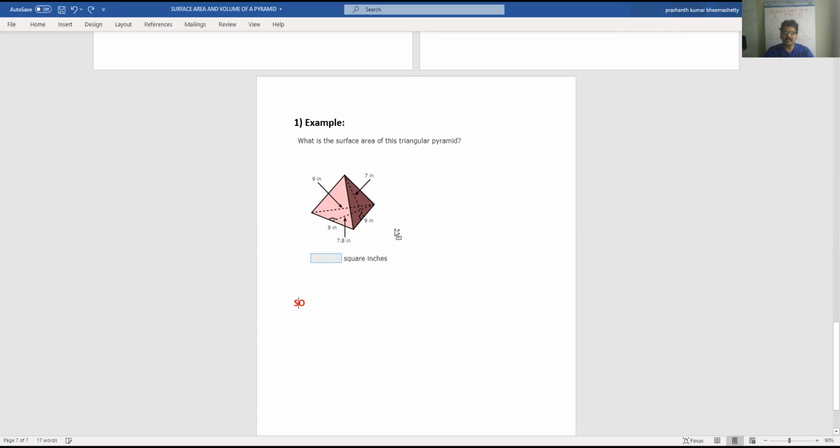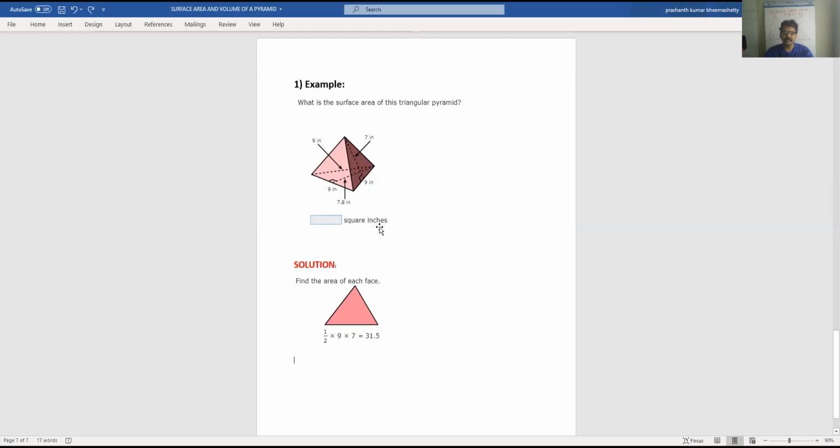So let's find the surface area. As I told you earlier for the previous 3-dimensional solids, the total surface area is the lateral surface area plus the area of the base. Now I'm taking each face. There are a total of 3 faces. You know the formula for a triangle is 1/2 times the base times the height.